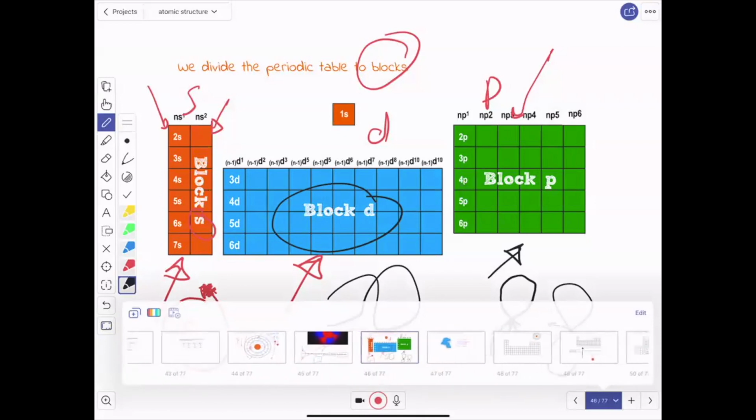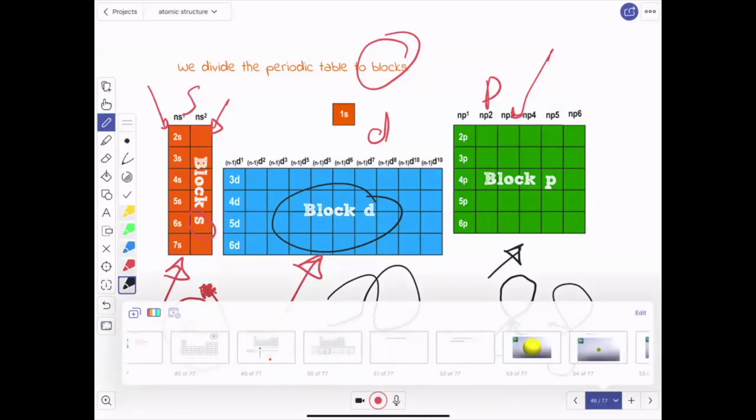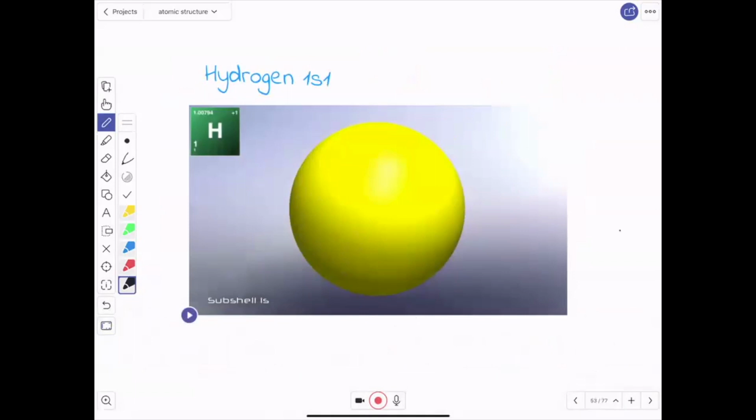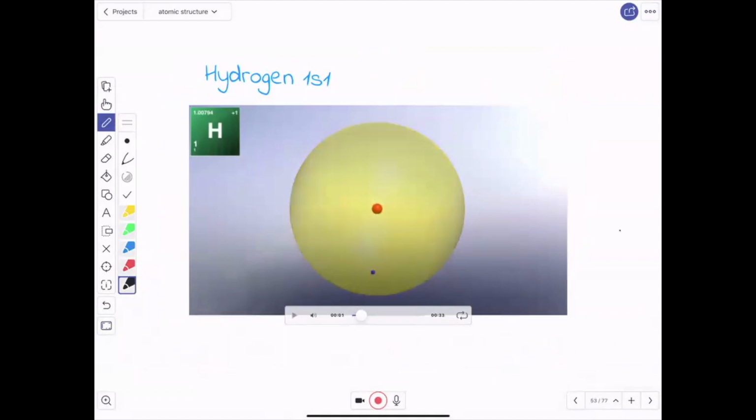So I'm gonna show you how electrons are in an atom of hydrogen. Why did I pick hydrogen first? Because it's the simplest atom ever. There's only one single electron in hydrogen, and this electron is spinning. It could be spinning clockwise or anti-clockwise. If you track this electron, how will it look?